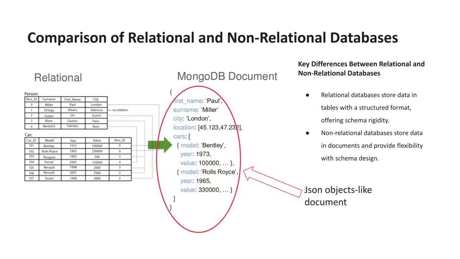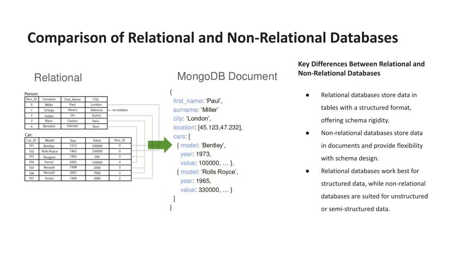On the other hand, non-relational databases like MongoDB are more like flexible containers. They store data as documents, which are self-contained units similar to JSON objects. This is a perfect fit for unstructured or semi-structured data, where relationships may be less rigid or more complex, like user activity logs, product catalogs, or social media posts.